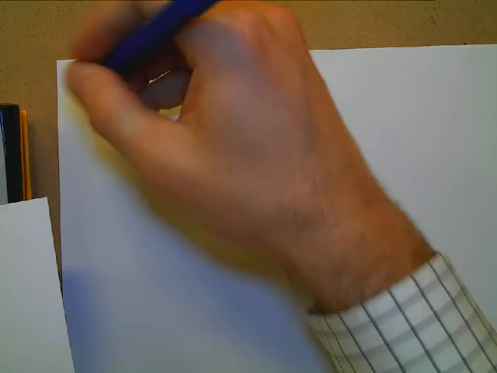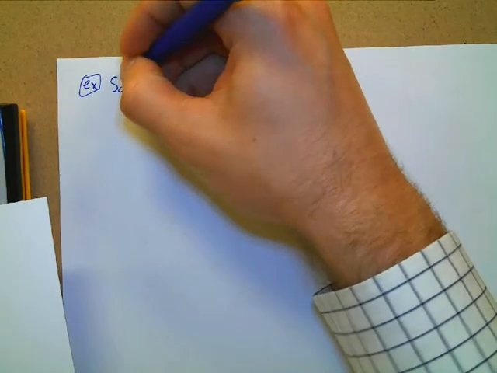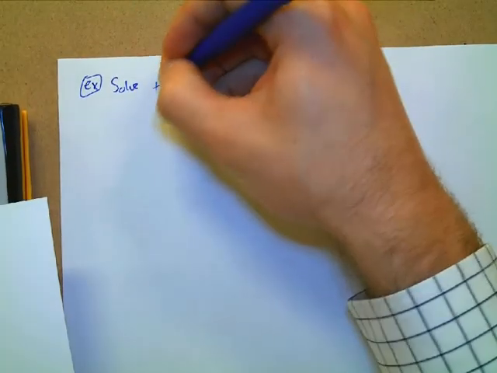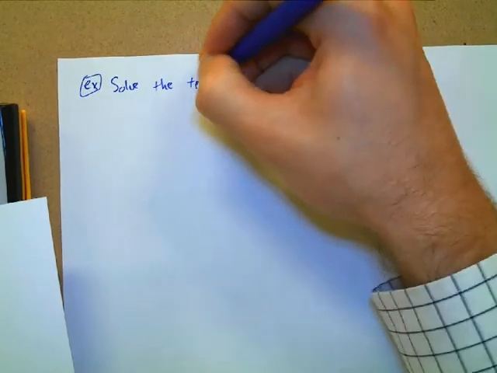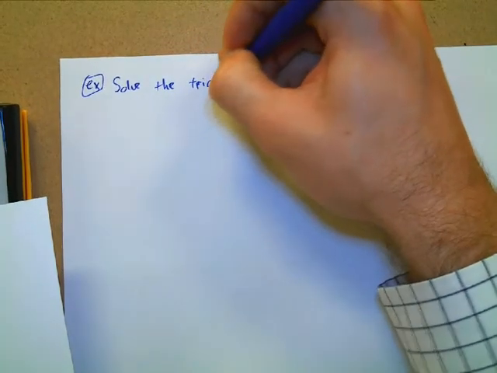All right, let's solve the triangle. Another one. Again, we solve the triangle. That's finding all the sides and all of the angles. And again, I'm going to do my best. Oh gosh, this is not being drawn to scale.